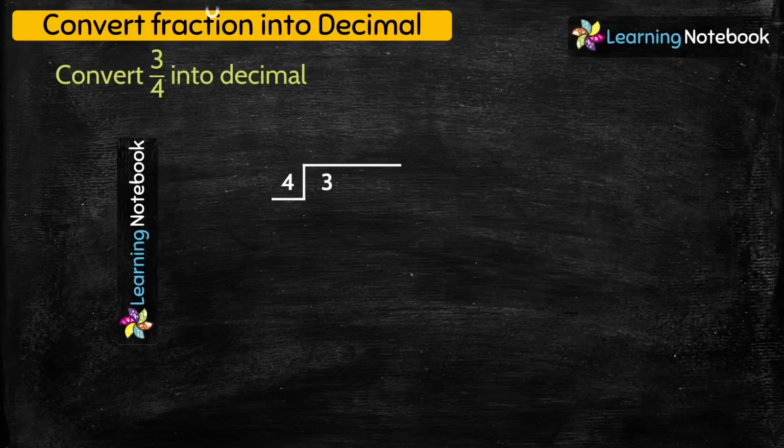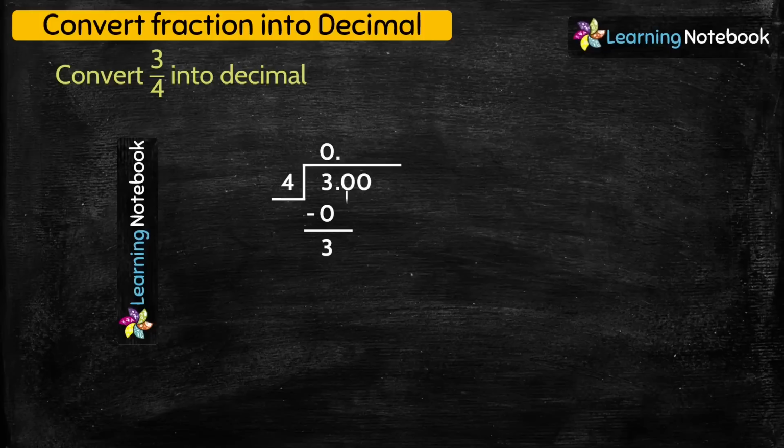So we will do 4 into 0 equals 0 and 3 minus 0 equals 3. Now to continue division, we can write 3 as 3.00. So let's put the decimal point in the quotient.